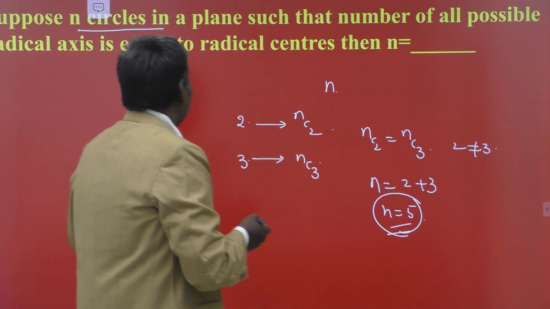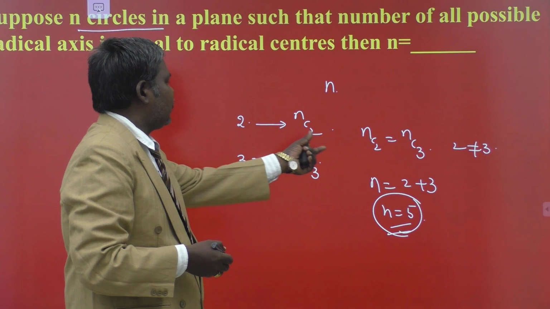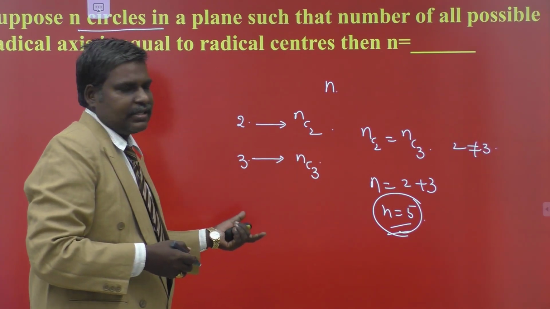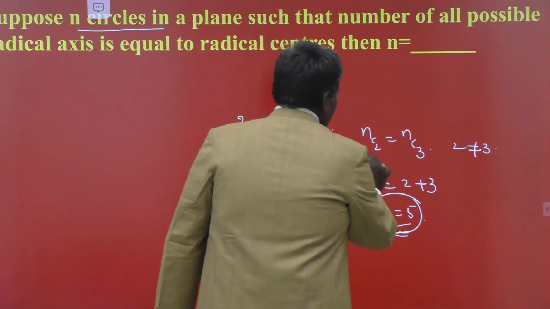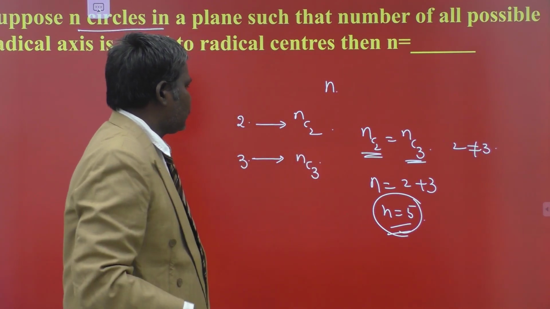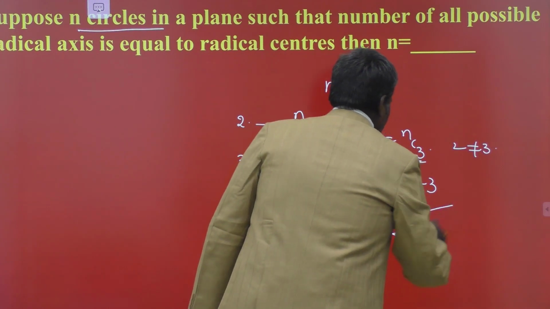We can also verify this by taking the 5 circles themselves and obtaining the number of radical axes and radical centers. Theoretically we can easily prepare this. nC2 is the number of radical axes, nC3 is the number of radical centers. Given that both are the same, the value of n is 5.